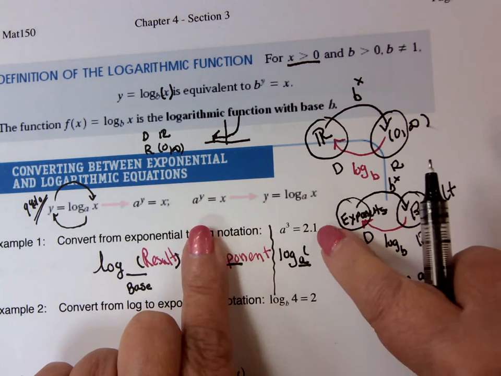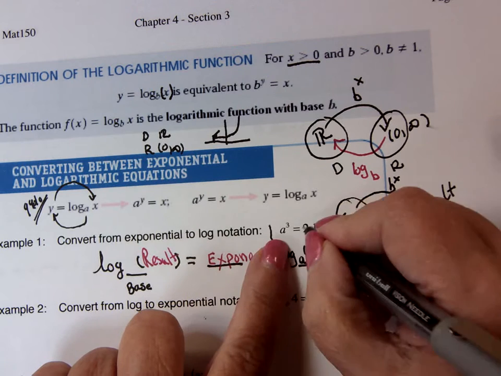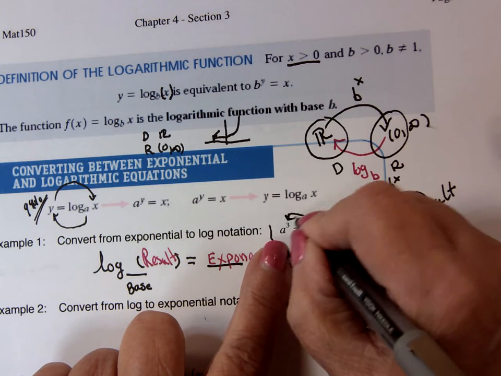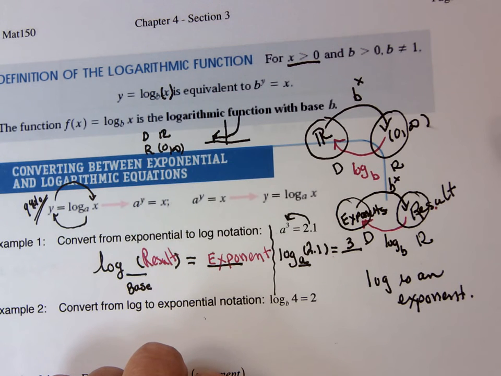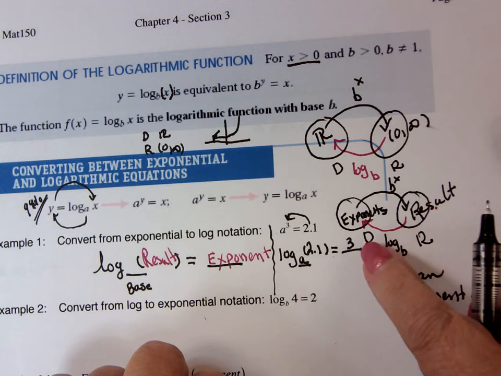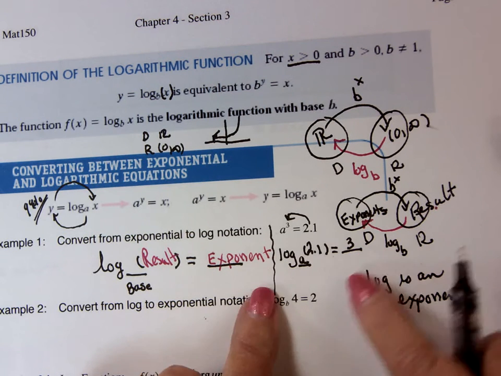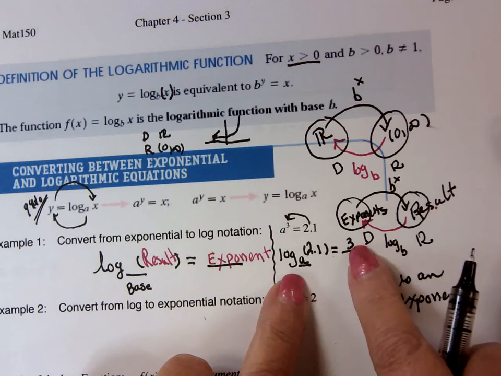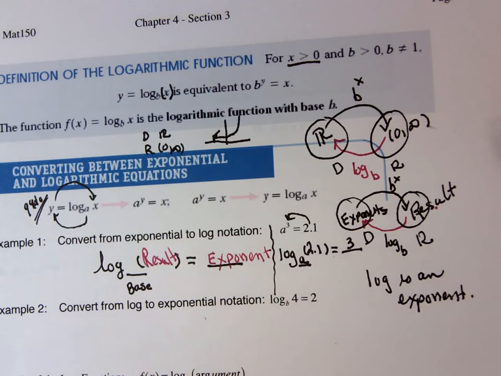The logarithm picks up the result, which is 2.1, and takes it back to the exponent where it came from. So it should be the case that a cubed is equal to 2.1, and it does. Now, we don't have to do that very often, thank goodness.